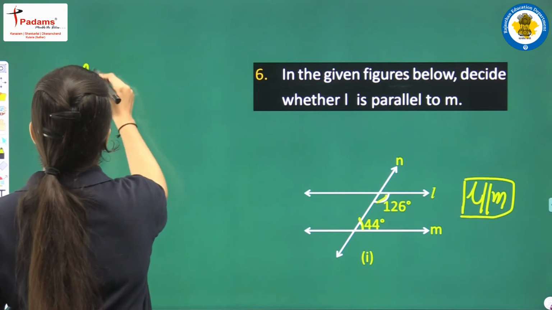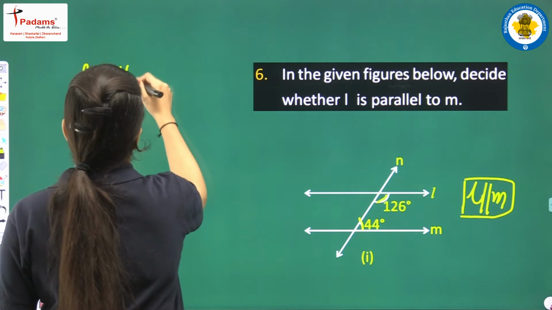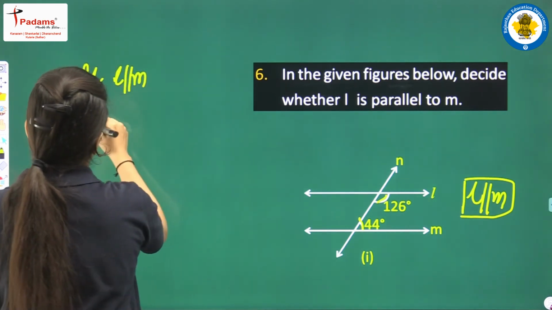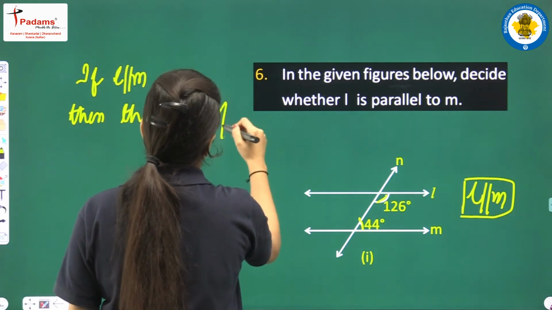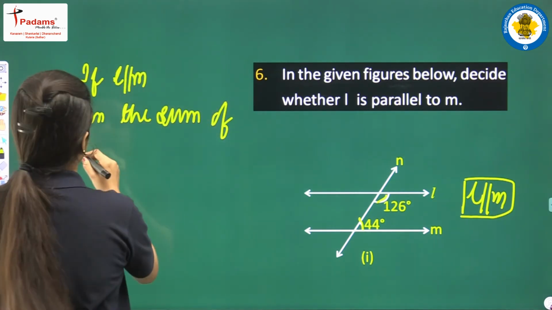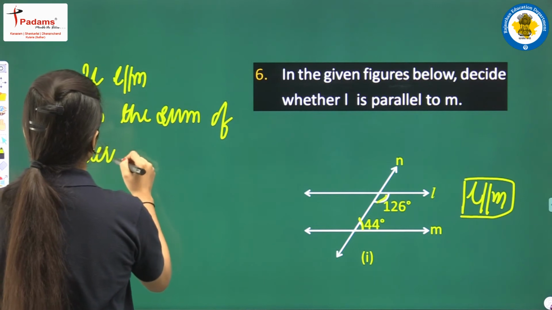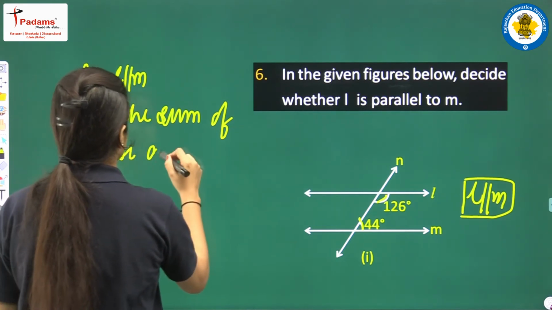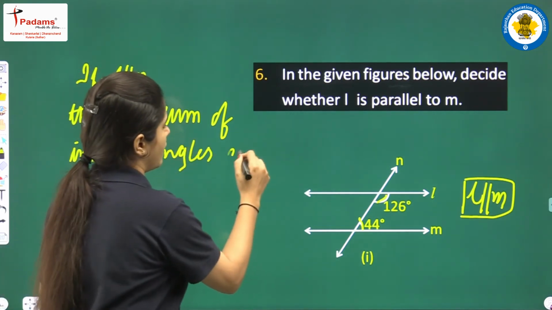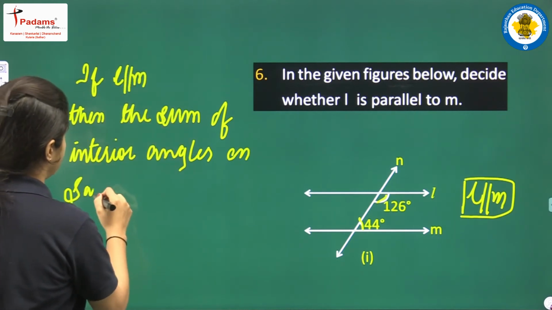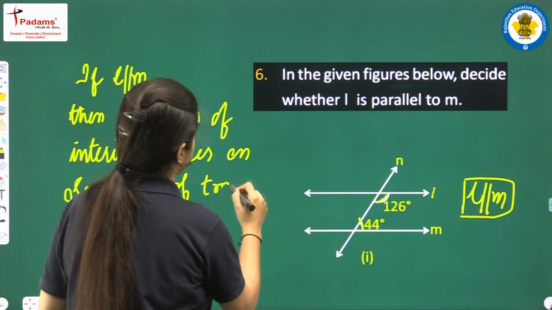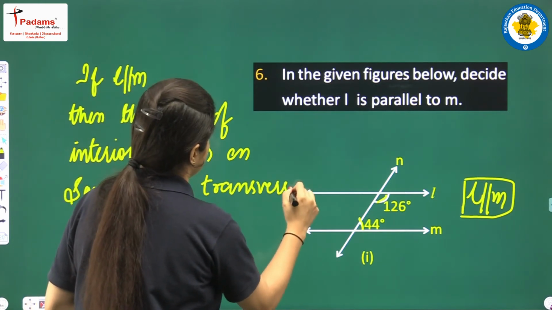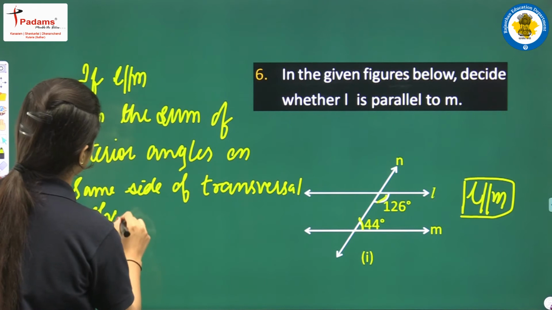So if L and M are parallel, then the sum of interior angles on the same side of the transversal should be 180 degrees, right?